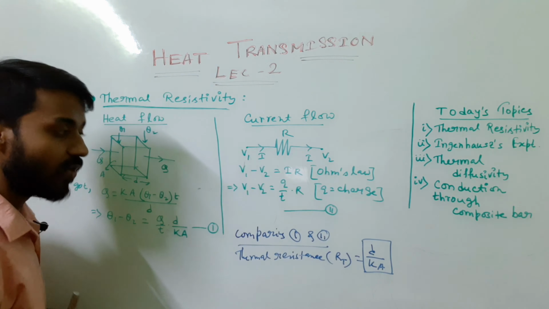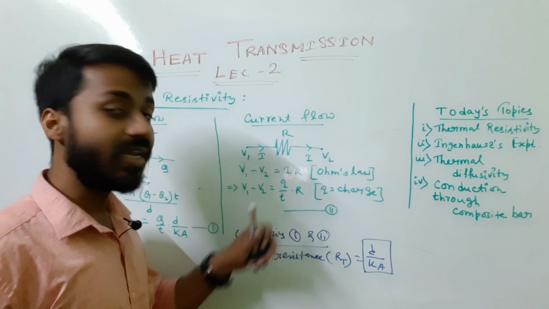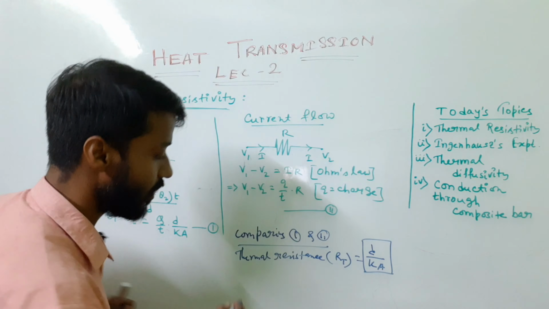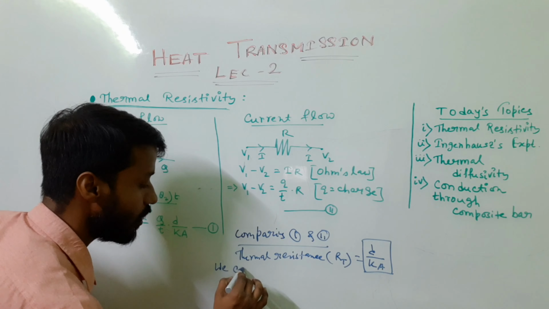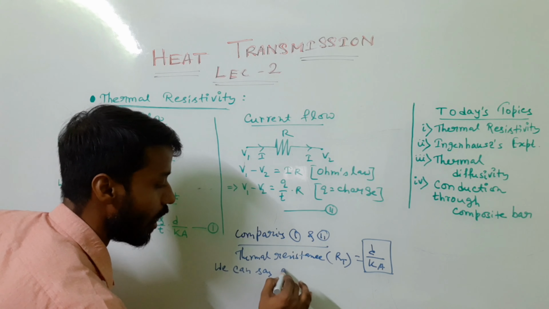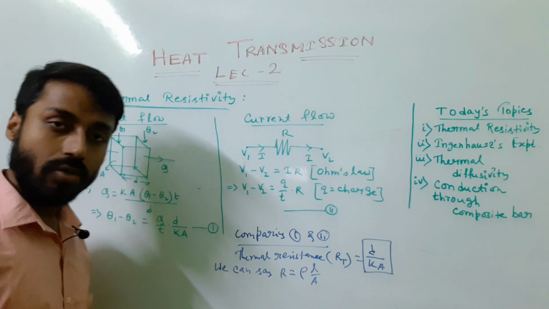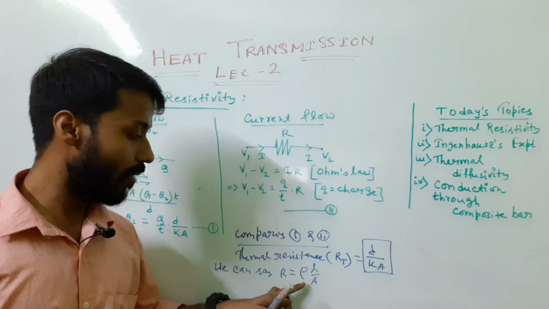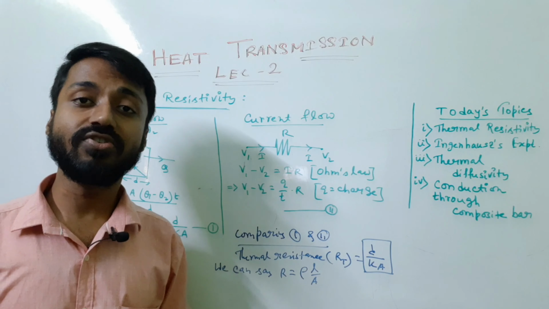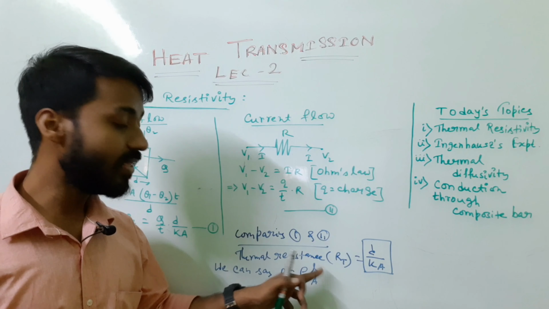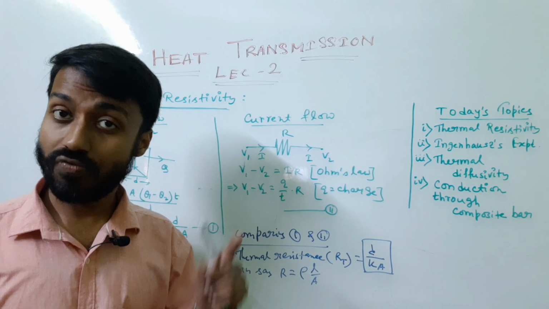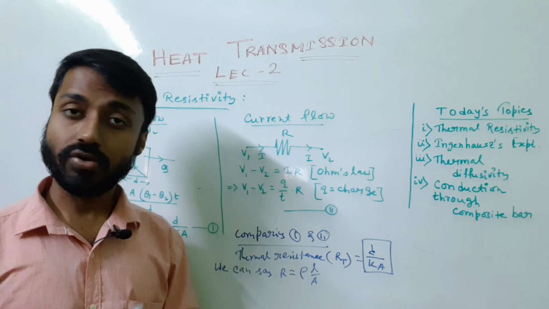As far as we know, electrical resistance can be written as R equals rho L by A. I think you know the term. Rho is the electrical resistivity, L is the length of the conductor and A is the cross-sectional area.